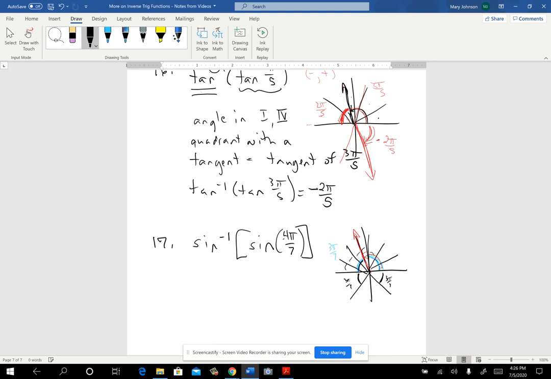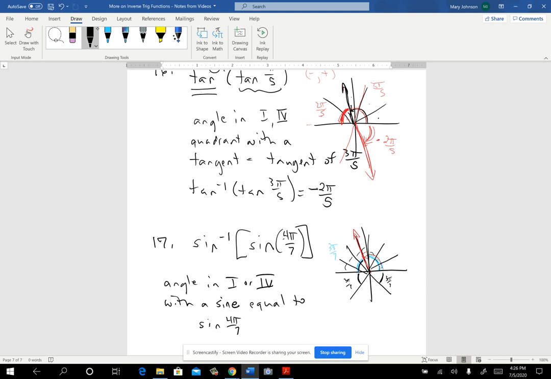All right, so I need this. This is an angle in the first or fourth quadrant with a sine equal to the sine of 4 pi over 7.